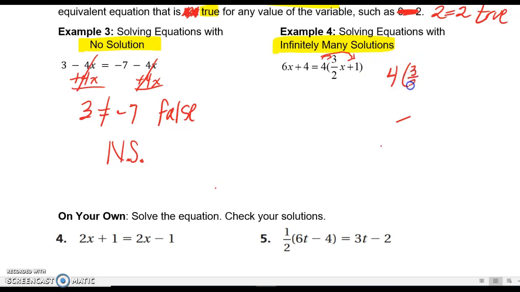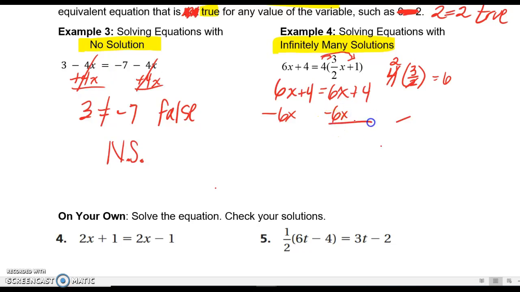When I multiply 4 times 3 halves, I can cross cancel here. 2 goes into 4 2 times, and then 2 times 3 is 6. So leaving the left-hand side as it was, 4 times 3 halves x is equal to 6x, and then 4 is 4.